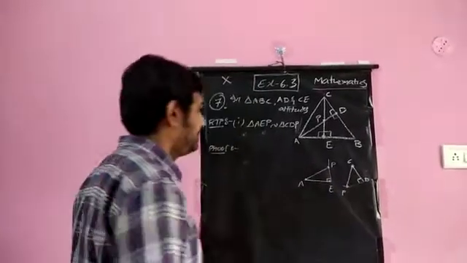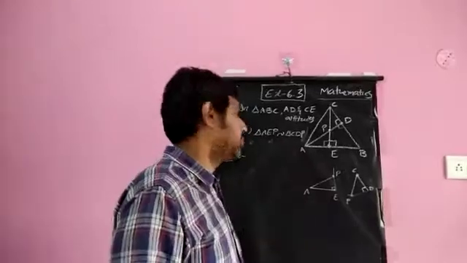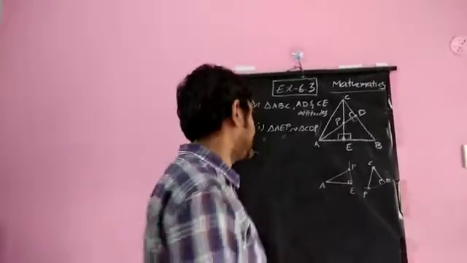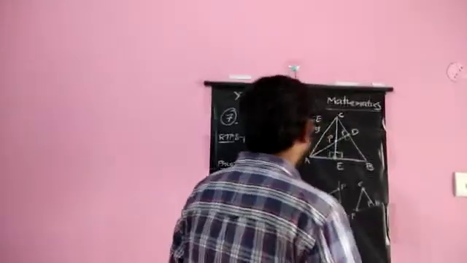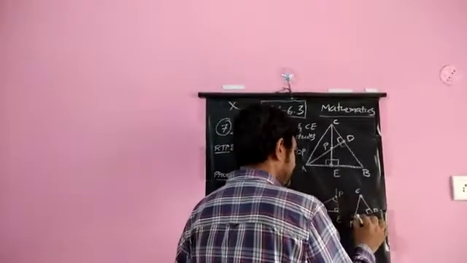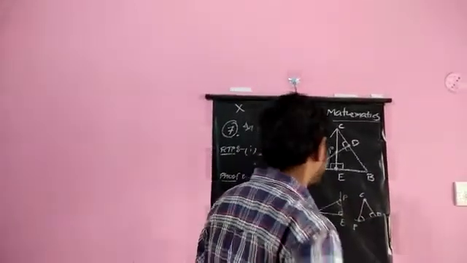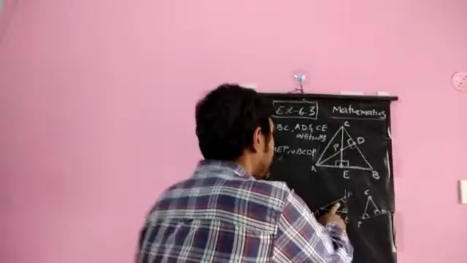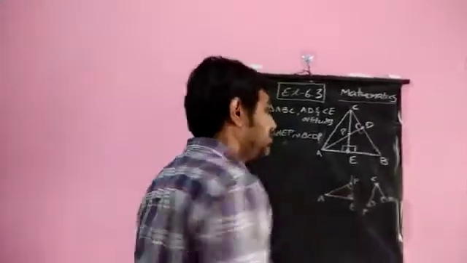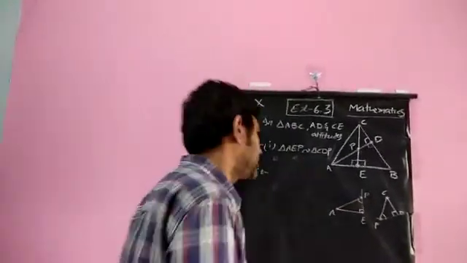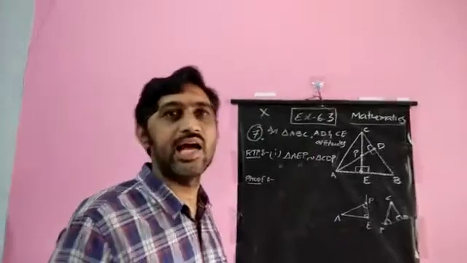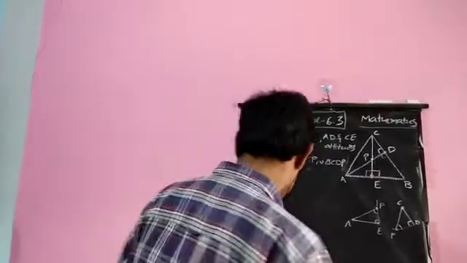So one angle in both triangles is the same, 90 and 90. And the angle at P is the common angle. So two angles of this triangle are equal to two angles of the other triangle. So we can say that these two triangles are similar by the angle similarity rule.